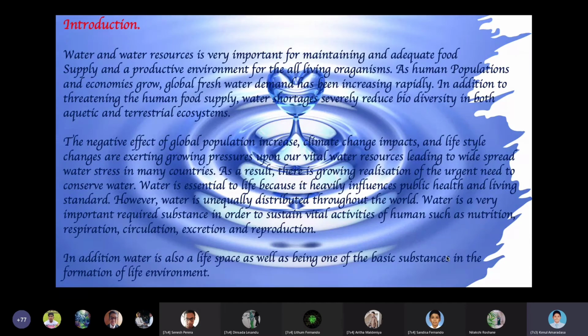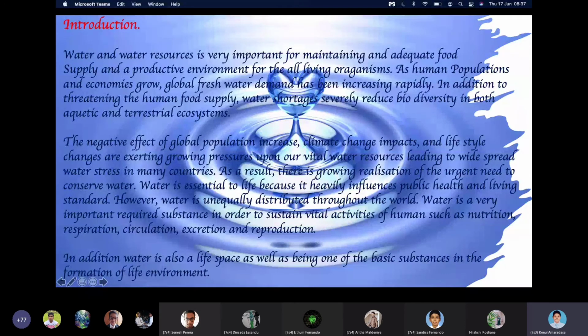Water is a very important substance required to sustain vital human activities such as nutrition, respiration, circulation, excretion, and reproduction. In addition, water is also a life space as well as one of the basic substances in the formation of the living environment.